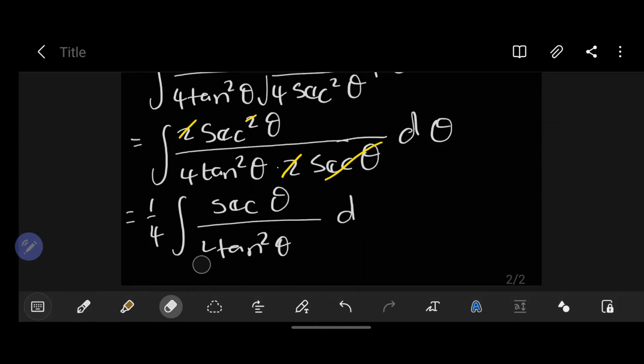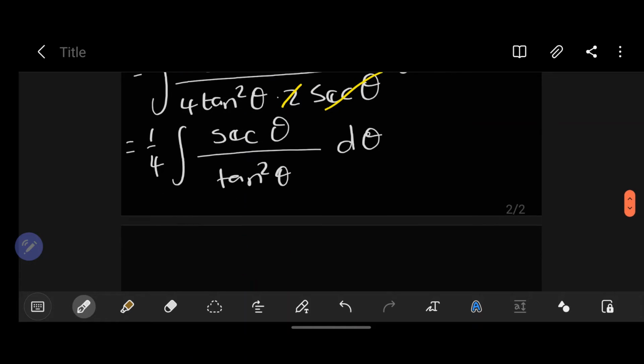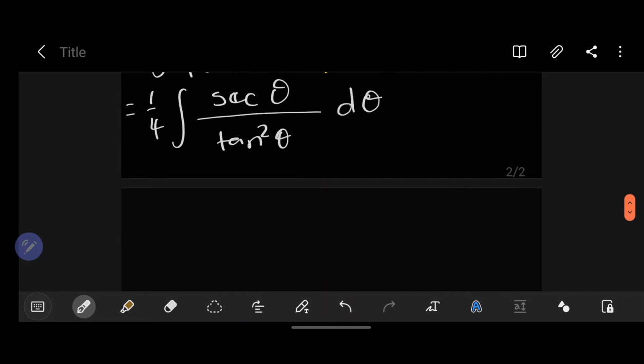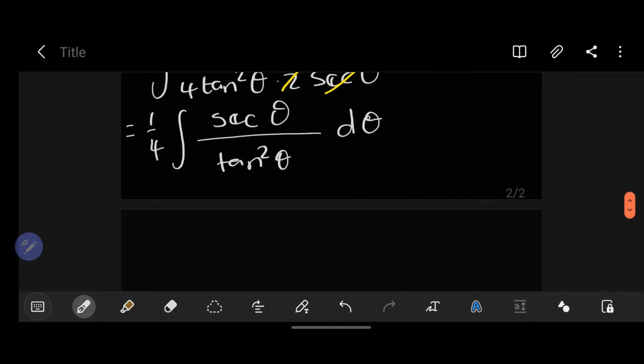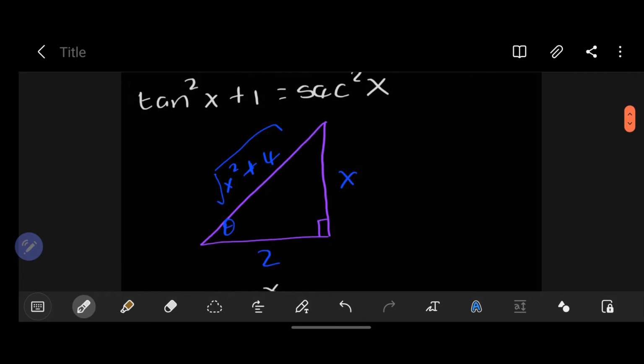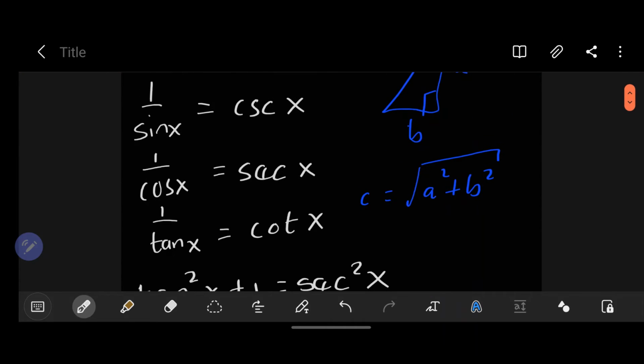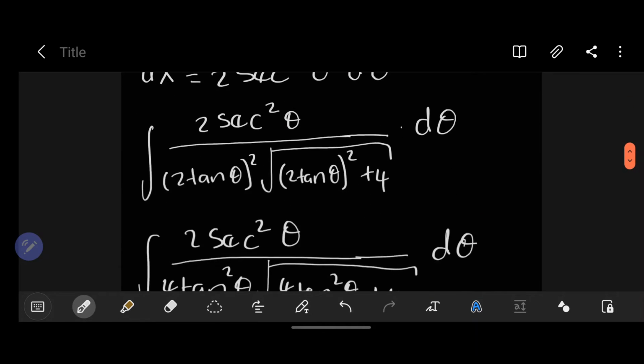Oh, sorry. The 4 is there, d theta. So I can change this, remember, secant x equals 1 over cos x, which means secant theta will be 1 over cos theta.